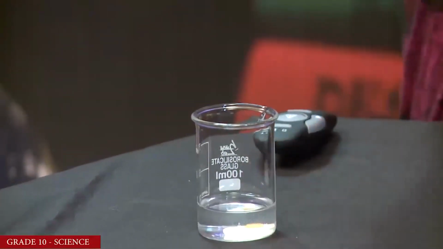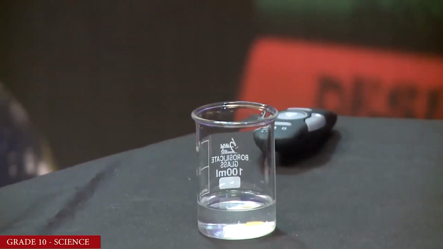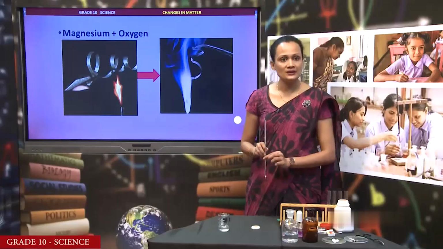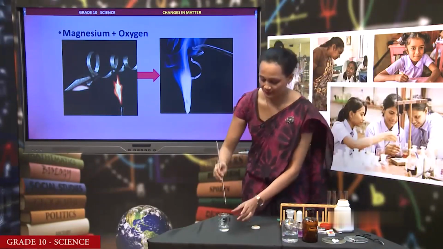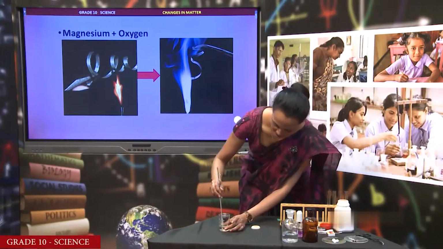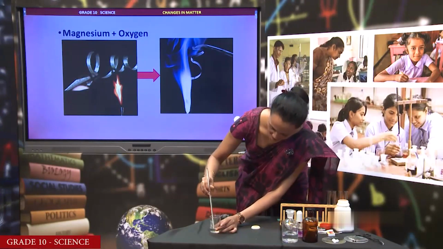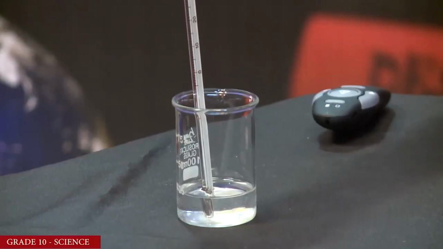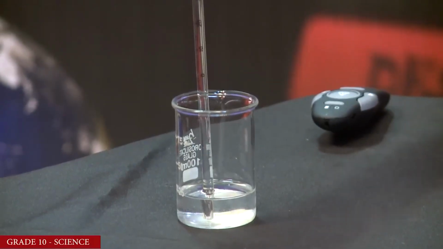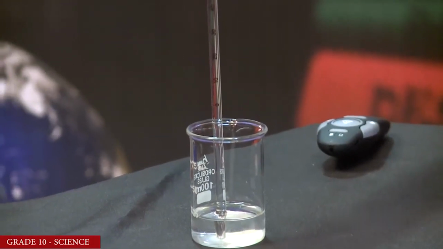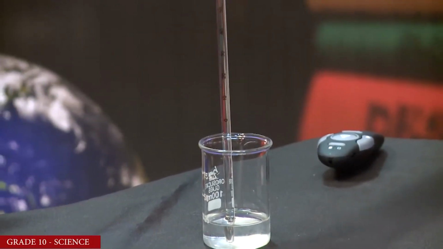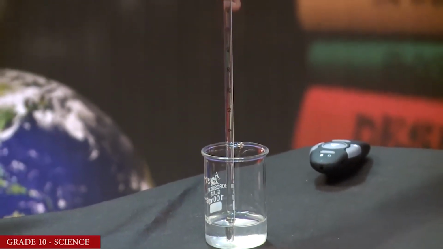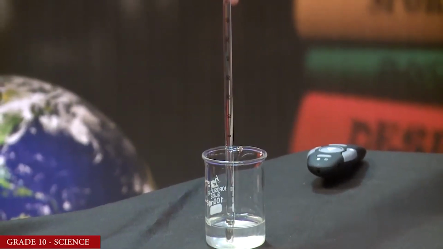After that I am going to take the temperature reading again using the thermometer. Then you can see the temperature rises. Here sodium hydroxide reacts with sulfuric acid. During that reaction the temperature increases.